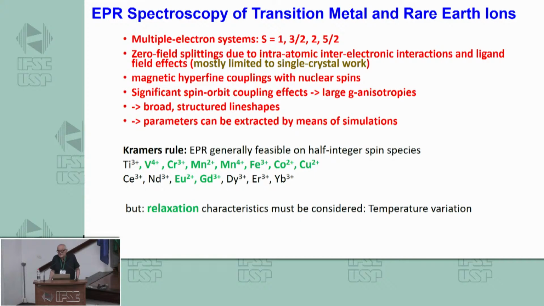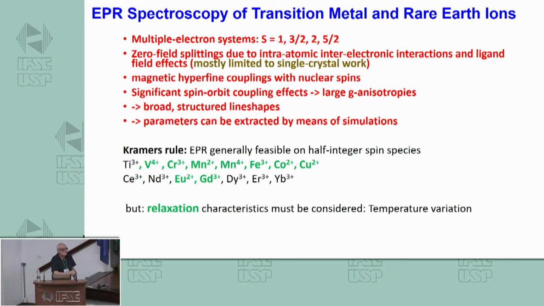In particular, because of these zero-field splittings, the large majority of all the paramagnetic species that have an even number of electrons, like 2 unpaired electrons or 4 or 6, do not give EPR signals because the zero-field splitting is too large. So in the energy level diagram, we are not reaching a resonance condition at the available magnetic field strength.